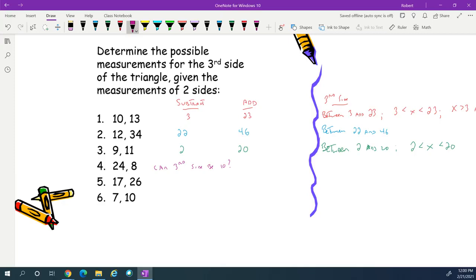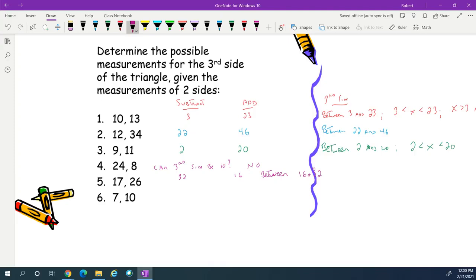Well, if we add, we get 32, and if we subtract, we get 16. So can the third side be 10? No. It has to be between 16 and 32. 10 is not between 16 and 32.